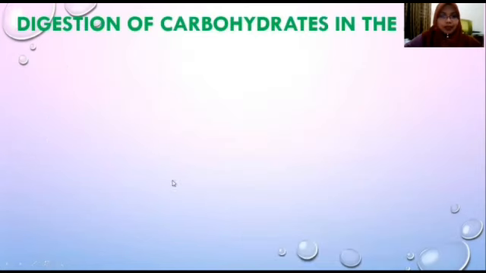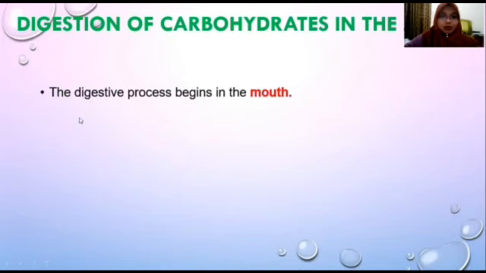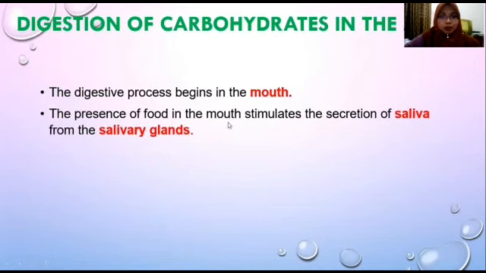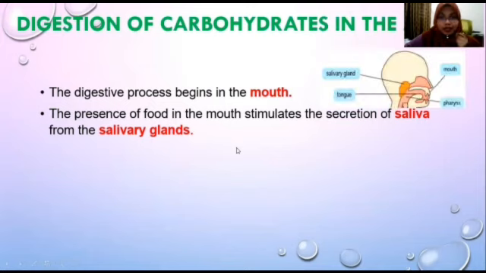Okay, next. How is the process of digestion of carbohydrate in the mouth? Okay, so the digestive process must begin in the mouth because we eat through the mouth. The presence of food in the mouth stimulates the secretion of saliva from the salivary gland. Okay, so in our mouth, there is salivary gland that can secrete the saliva.